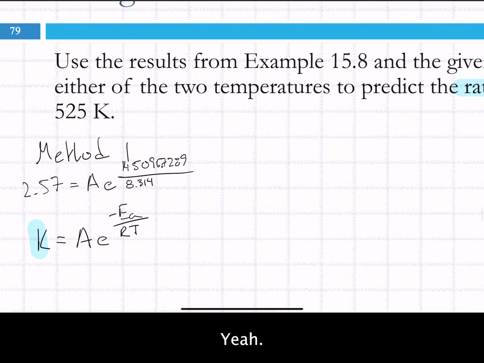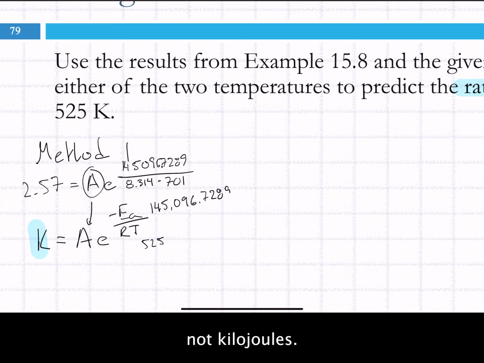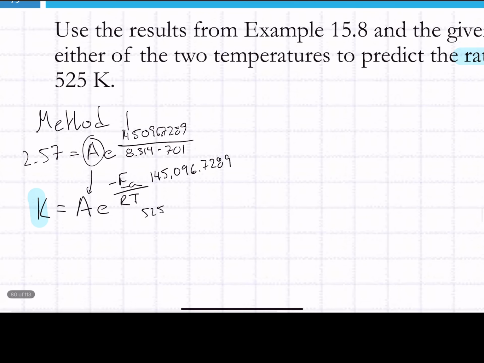Yeah. And then solve that for A. Plug that into here. Then we plug in 525. We plug in our activation energy in joules, not kilojoules. And then we can solve for K.